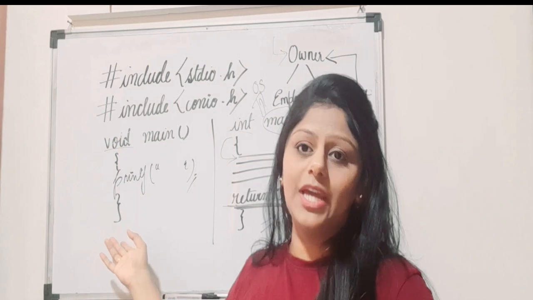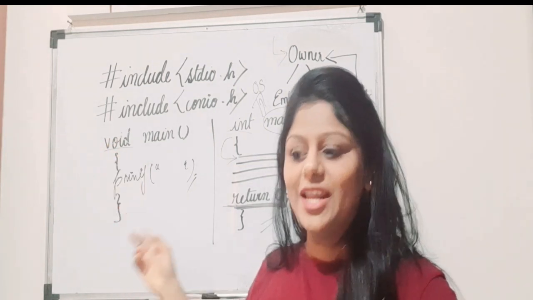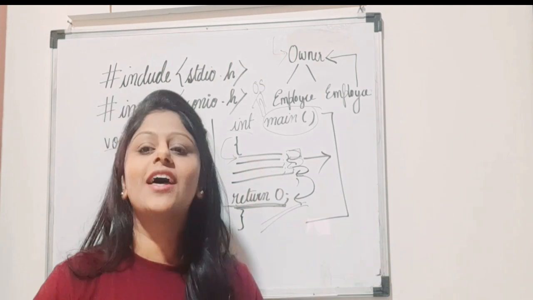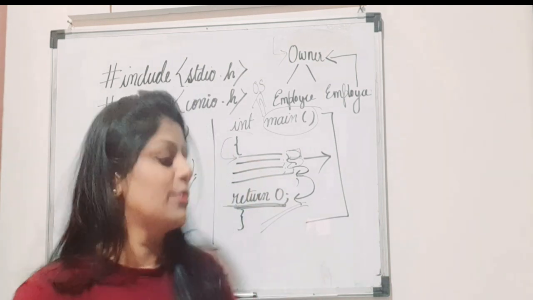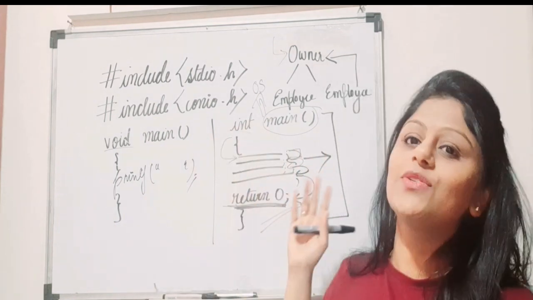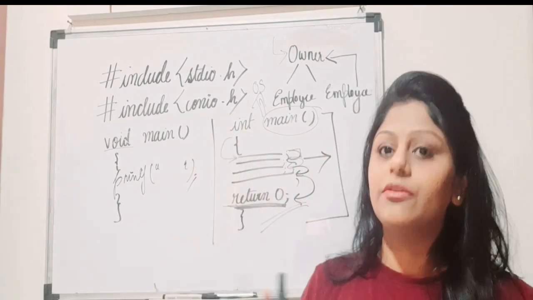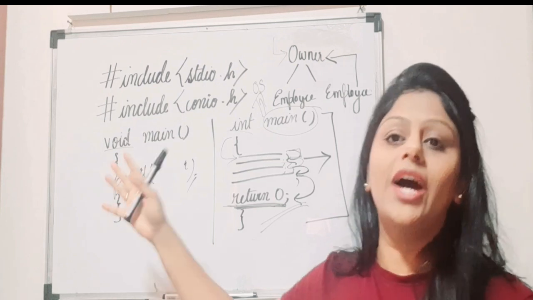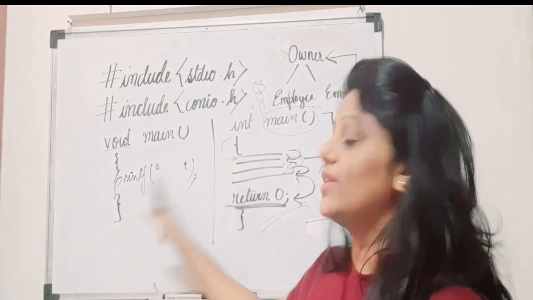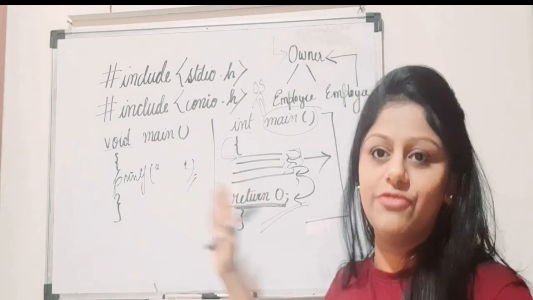Therefore in these types of programs we can give void main, but I would recommend everyone to use int main, because whenever you go to an advanced program, if you have been using void main and suddenly start using int main, there will be confusion for you. I hope you understood the difference between these two.